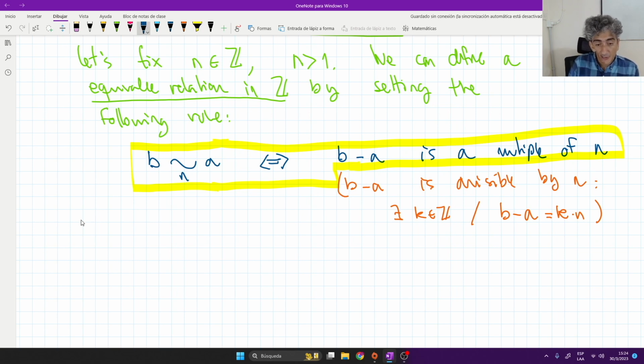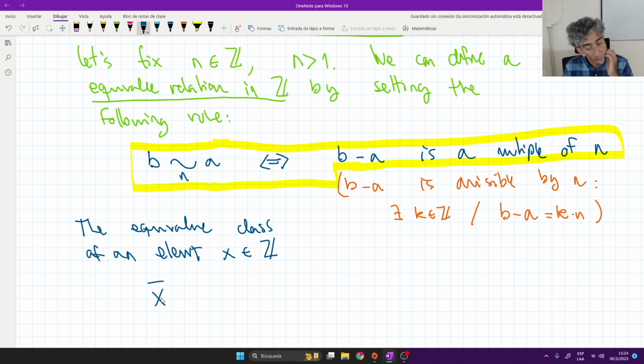And the equivalence class of an element X in Z, we shall note it like X bar, is the set of all things A in Z such that A is related with X, right?